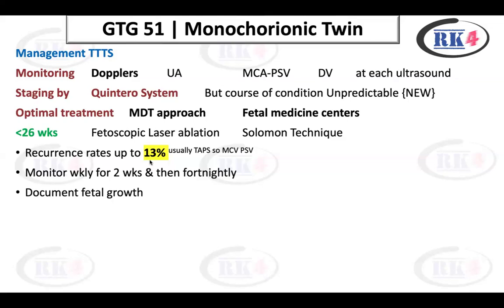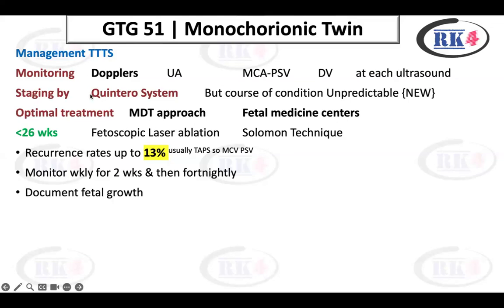You just need to remember the name of this technique, because if you do not use it, there is a chance that even if you have treated the TTTS, the patient will develop TAPS. If the Solomon technique is not used, the patient may have recurrence, which is usually TAPS.